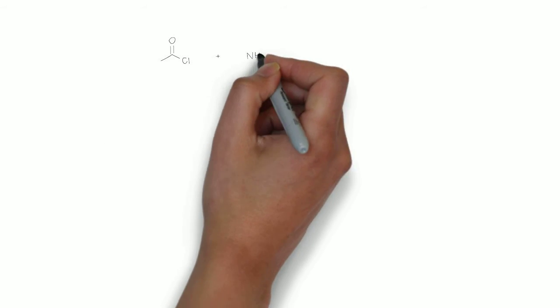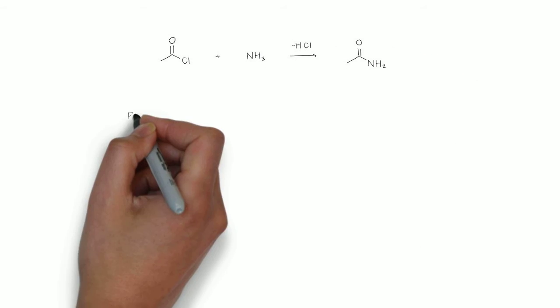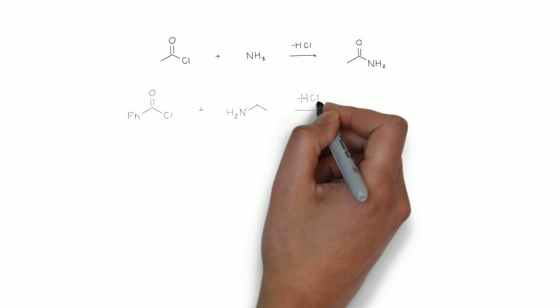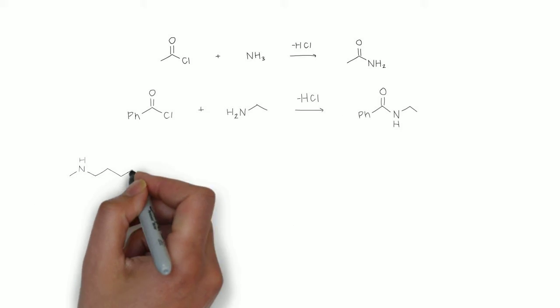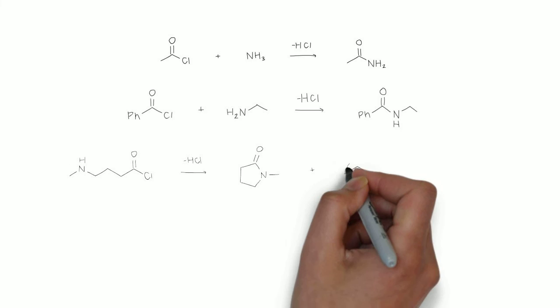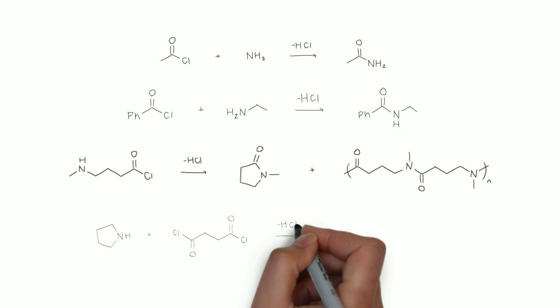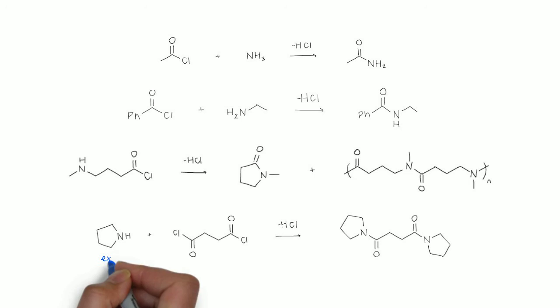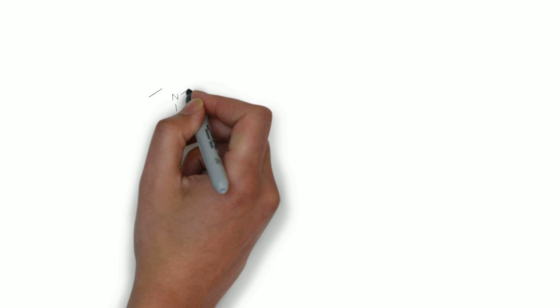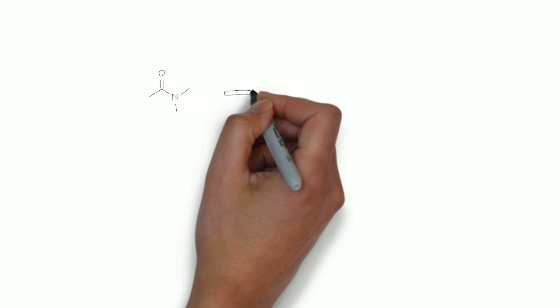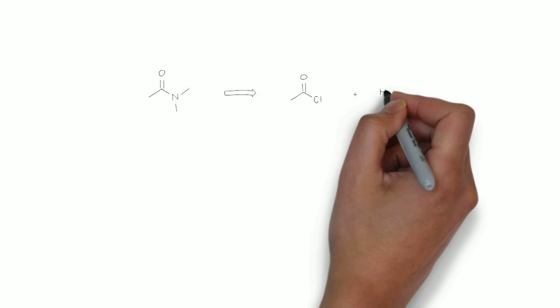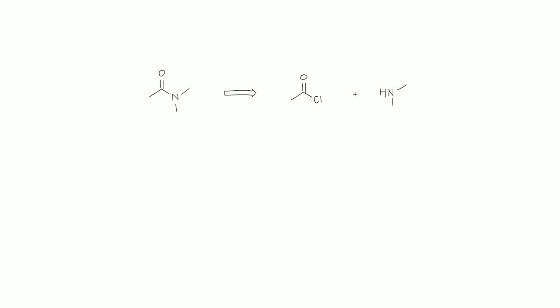We can form primary amides from ammonia, secondary amides from primary amines, or tertiary amides from secondary amines. Pyrrolidine will give a bis amide in this example. And then again, thinking backwards, we can form N,N-dimethyl ethanamide from ethanoyl chloride and dimethylamine.